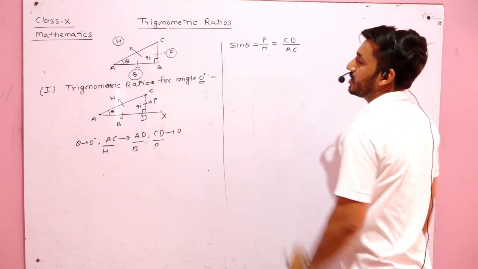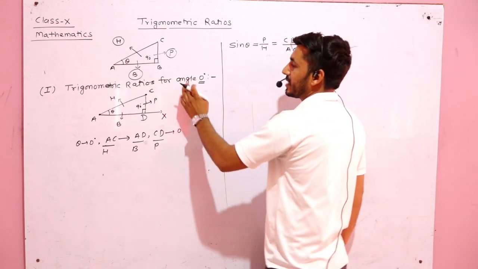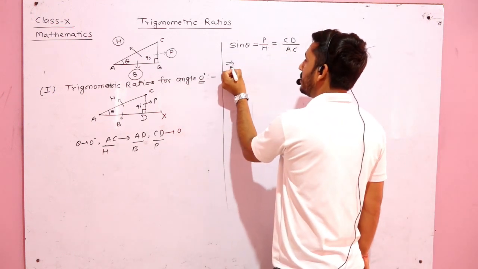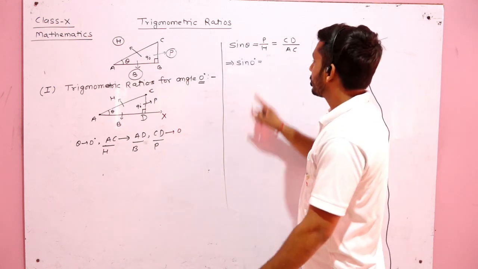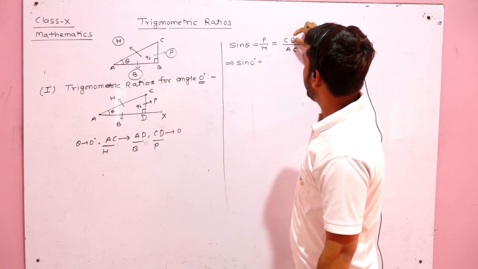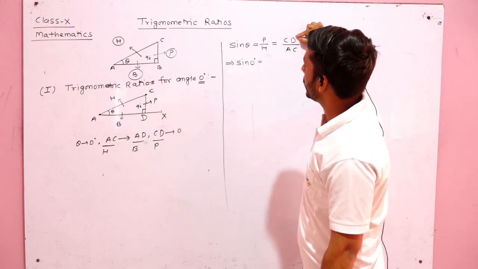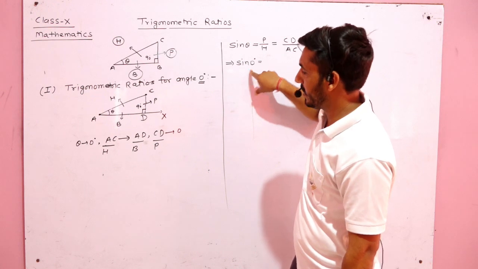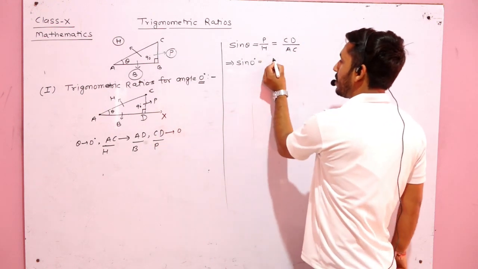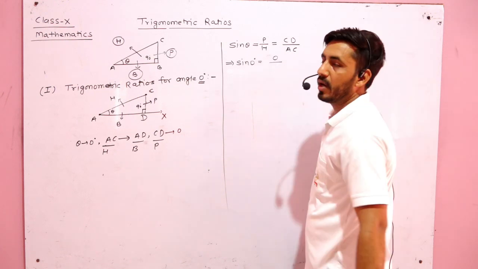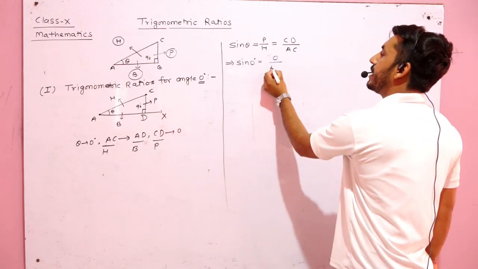Okay, in this condition, if I take theta equal to 0 degree, then sine 0 degree means the value of CD when theta moves towards 0 degree. CD moves towards 0, so the value of CD will be 0, and the value of AC is equal to AD.